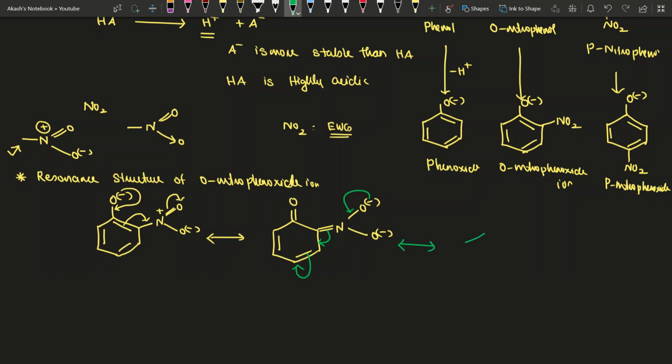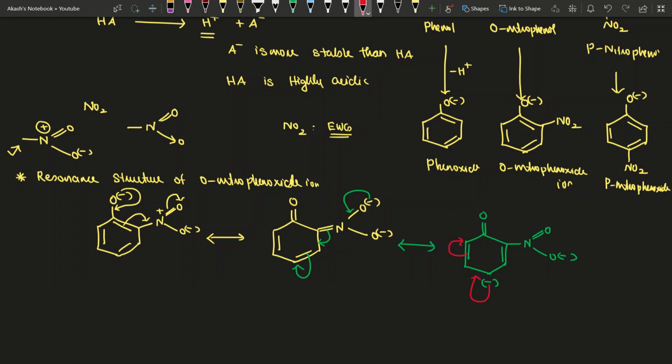You will be getting a structure like, we have a ring. There is a C double bond without any change. Between this one bond change, there is an N double bond O, NO minus is there. A bond is formed between these two carbons, and a negative charge will be created. The next step, this bond will get shifted between these two carbons.